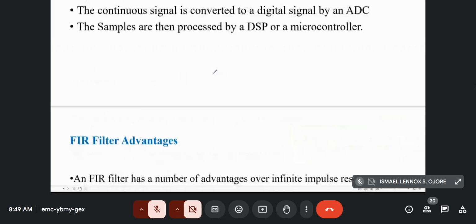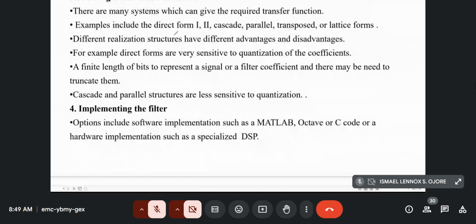That's why this stage is very important: determining the filter structure, because depending on the structure you choose, you get certain advantages. And one of the advantages, of course, is if you have a structure that uses fewer delays.